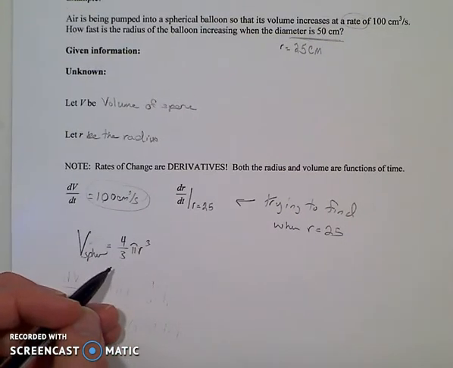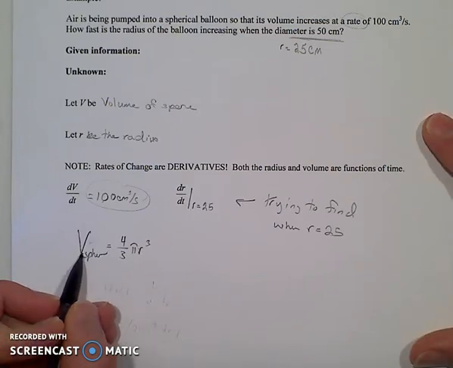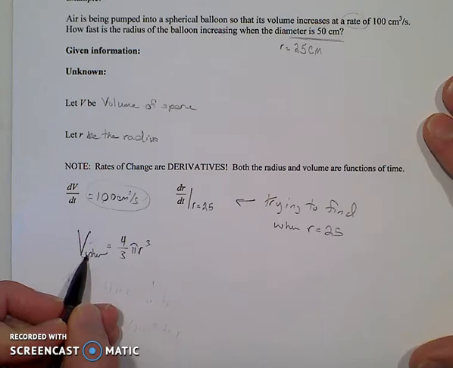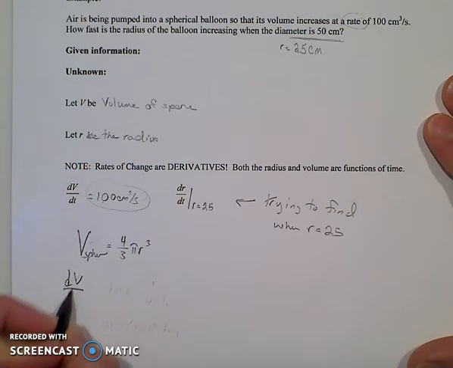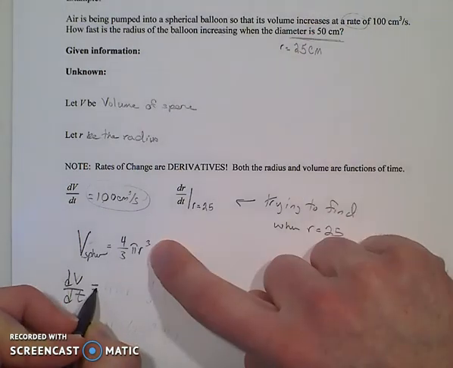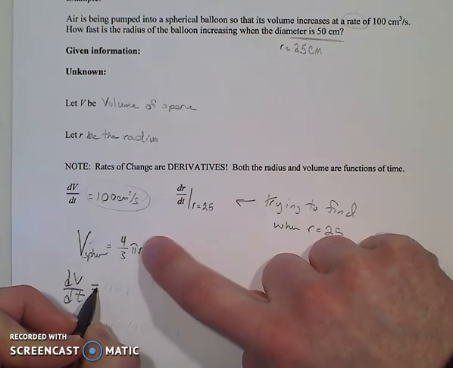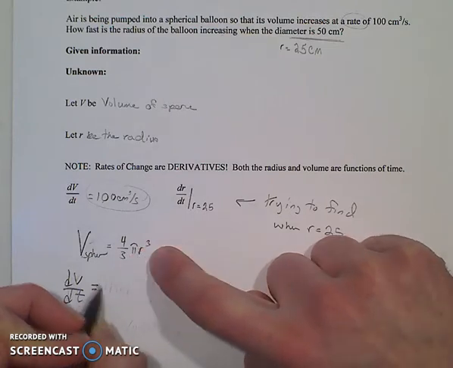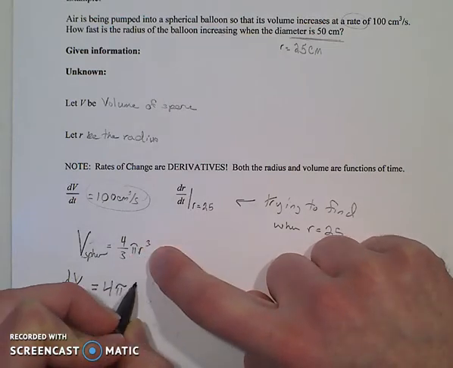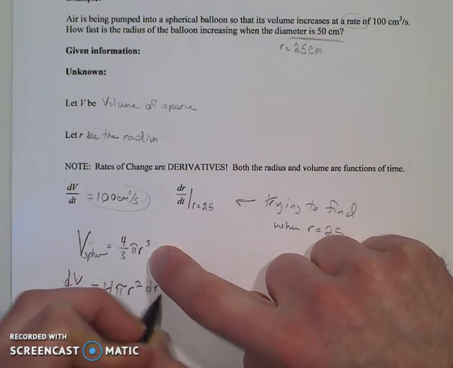Again, the entire thing here is that the volume is increasing per second, right? So we've got to take it all with respect to time. So take the volume with respect to time, and get dV/dt. Take the derivative of r cubed, since 4/3 pi is a constant. Bring the 3 down, it will cancel with that 3, so we're going to be left with 4 pi r squared dr/dt.